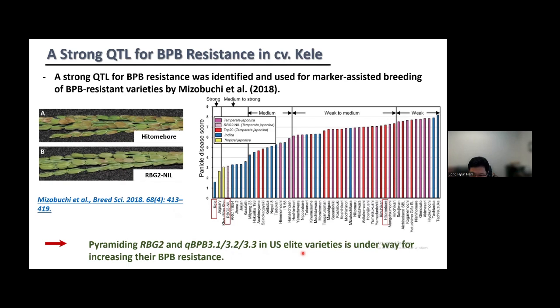That is the so-called pyramiding approach, an additive effect of resistance by accumulating resistance traits into the susceptible rice through the conventional breeding process. But that takes a lot of time, and we are not sure how effective it would be.